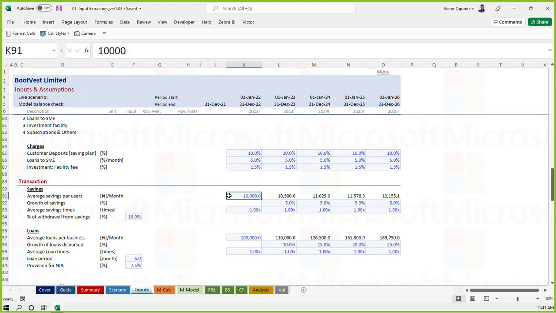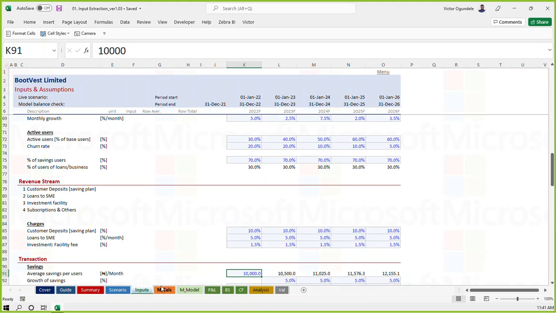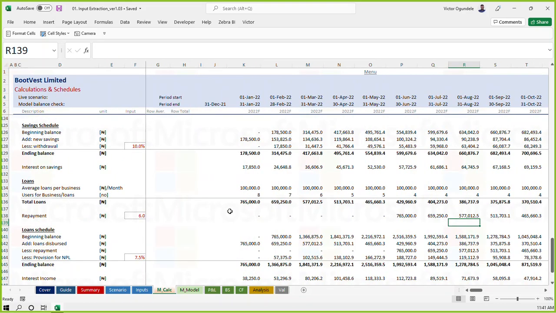Because here now we are saying 10,000. So let's look at our calculations and let's look at the savings. We have 1758 savings, right? And here we are saying we are giving out loans of 765. The next question is, where is the fund coming from?